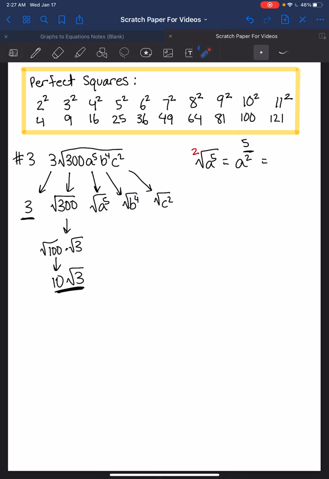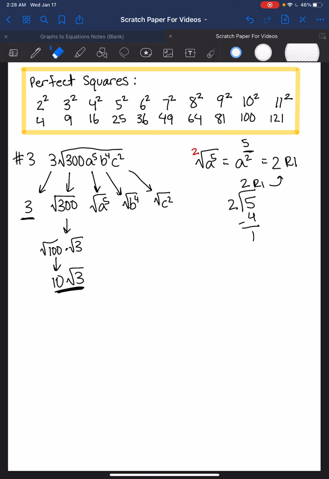If I go 3 times, I'm at 6. So this will give you 2 remainder 1. If you need more explanation, this is just basic division. You divide 5 by 2. 2 goes into 5 twice. That gives you 4. You're left with 1. So that's where that comes from.